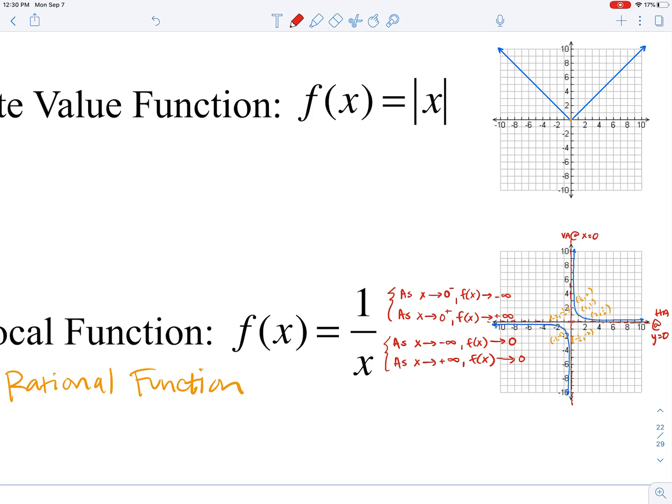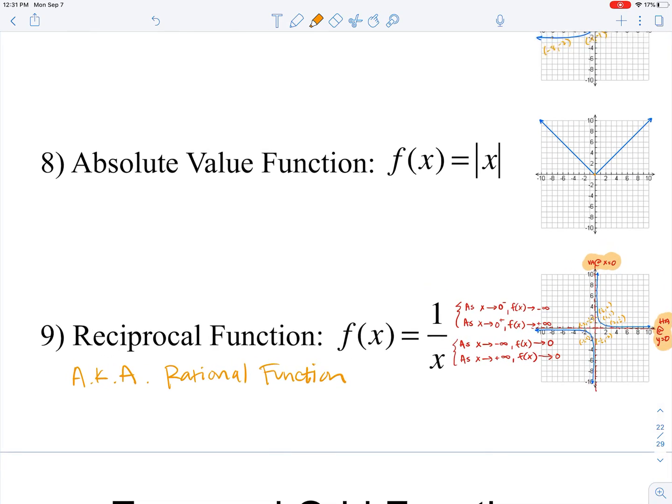It's kind of an intro into our study of rational functions, which will take place in chapter 2. But for now, you just need to know that the function 1/x has a vertical asymptote, here, I'll even highlight that, at x equals 0 and a horizontal asymptote at y equals 0.